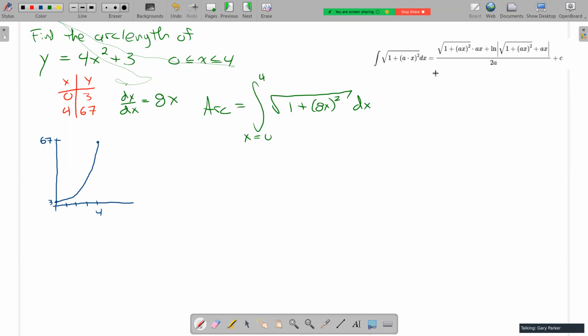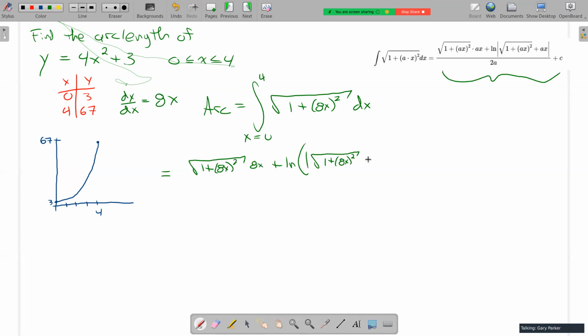However, its antiderivative is a bit complicated, so I have the formula for us right there to use. So I'm going to plug it in here. So then the antiderivative with a equals 8 in this case is going to be that original square root of 1 plus the square of 8x times an 8x outside the square root, plus the natural log of, I'm going to put an extra parentheses there for fun, absolute value, again, that square root of 1 plus the square of our derivative 8x.